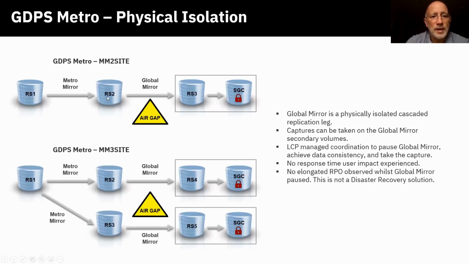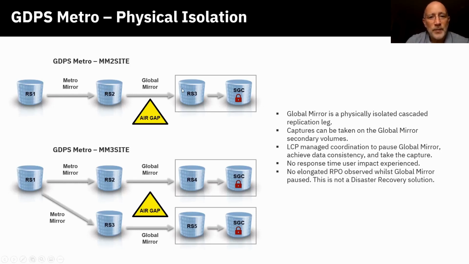Again, up to you to decide. So you could actually be running global mirror from RS1 and RS2. But if, in this example up here, we swapped from RS1 to RS2, then we could restart RS2 back to RS1. So RS2 becomes a multi-target primary. It's a primary on a Metro leg, and it's a primary on a global mirror leg.